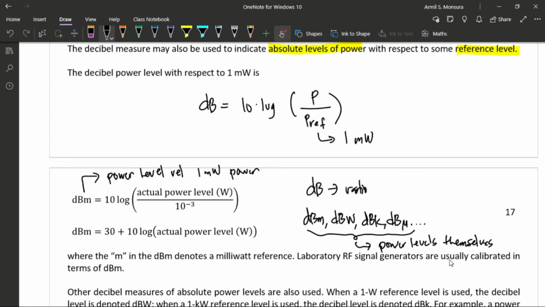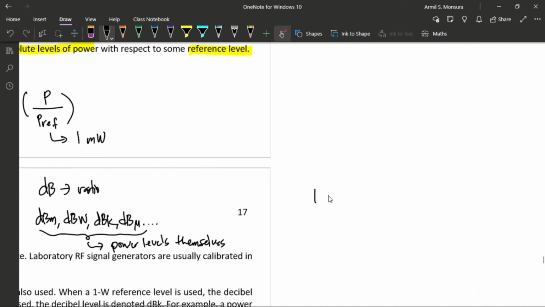So that means, when we say, for example, 1 dBm, okay, I'm actually referring to a power, or a power level. Which is, 1 dBm means 10 times the logarithm of that power divided by 1 milliwatt, so that's 1 times 10 raised to negative 3 watts.